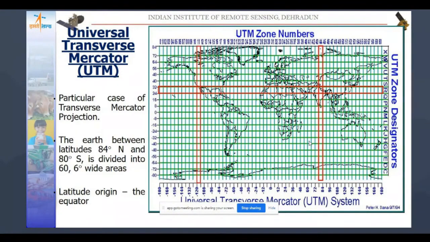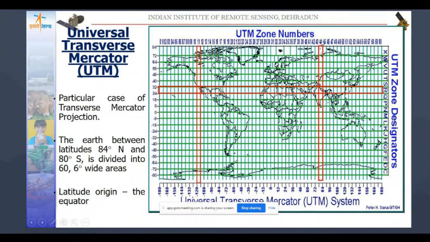You can see here the 6 degree grids longitude-wise and 8 degree grids latitude-wise. Dehradun comes in UTM 44, so for any Dehradun-based analysis we can use UTM 44, or you can select your own area.